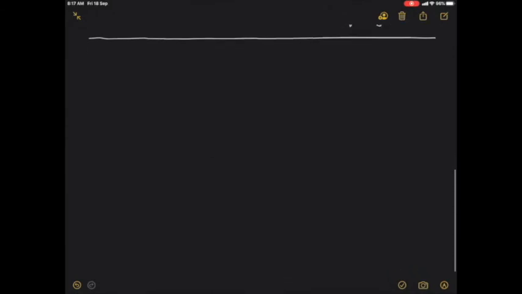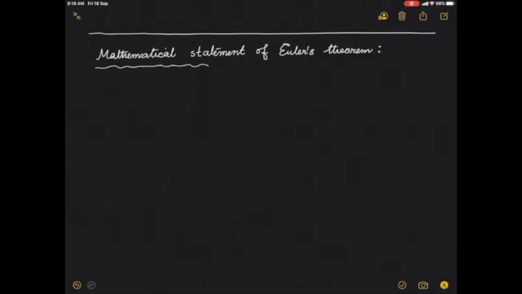And for that, we'll need a mathematical description of it first, because we can prove things easily if it has a mathematical form. So, a mathematical description of Euler's theorem. So what we are doing, we are rotating a rigid body with one point fixed, right?